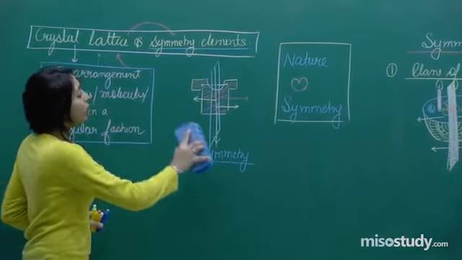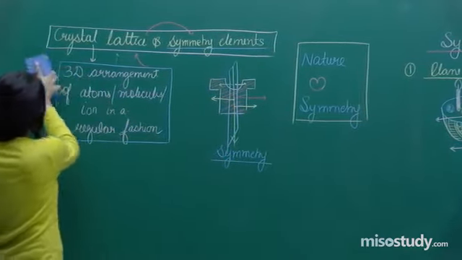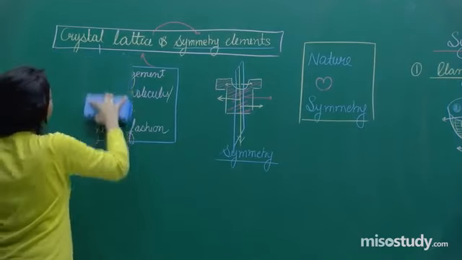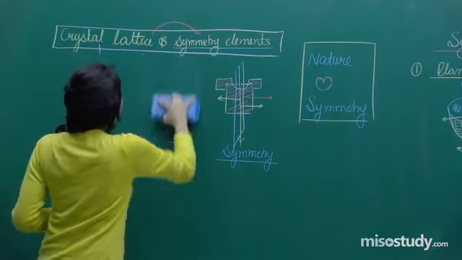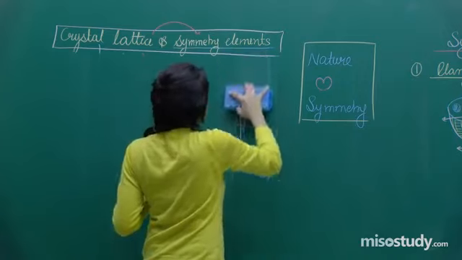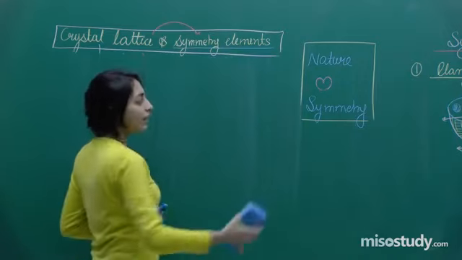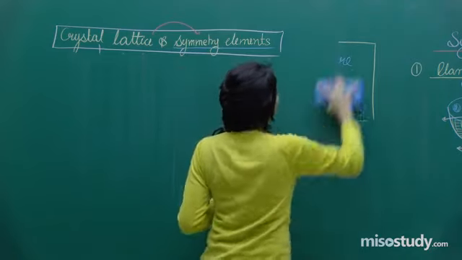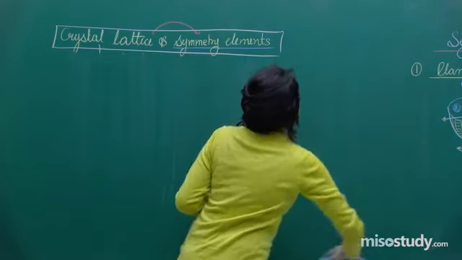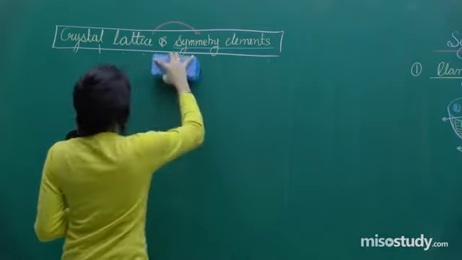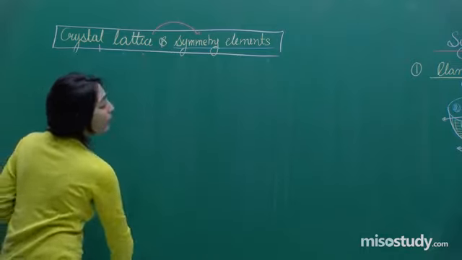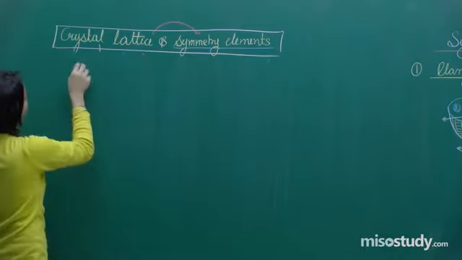So the first symmetry element is done. Let us move on to the second symmetry element. The types of symmetry have come to be called symmetry elements. Let's talk about the second symmetry element, which is the axis of symmetry.